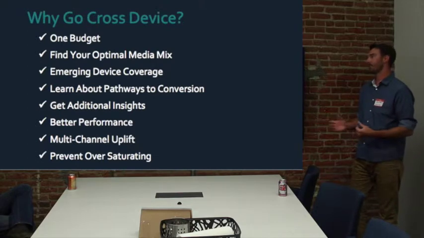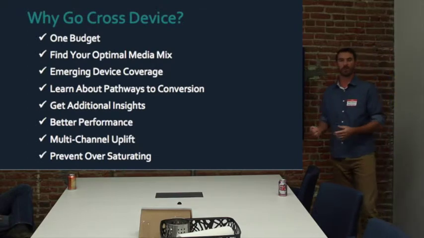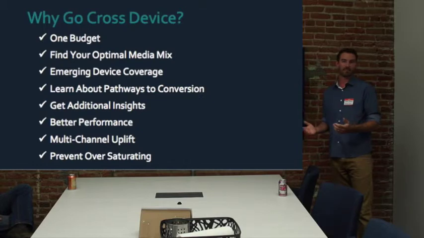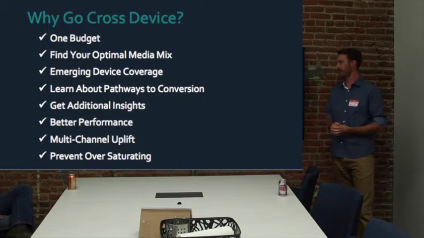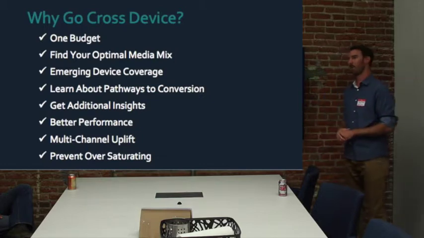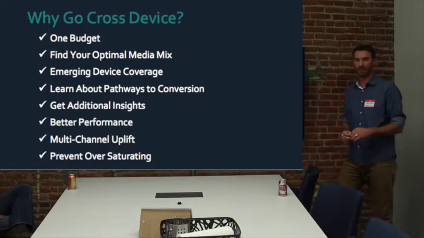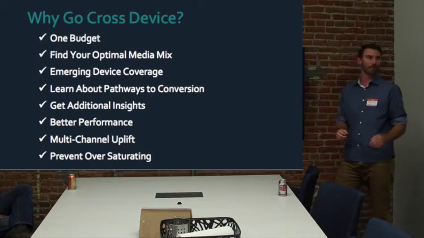So to wrap it up here, why go across device? If you can do it with one budget, and you have a partner that's capable of doing that, then you have an opportunity, again, to find an optimal marketing mix and take learnings from your campaign as it goes. As more devices come out, this is only going to get more and more complicated. The path to conversion is obviously getting more and more complicated, and this is helping us to stay on top of all of that and continue to have that one-to-one conversation with our customers, regardless of where they go throughout the day.